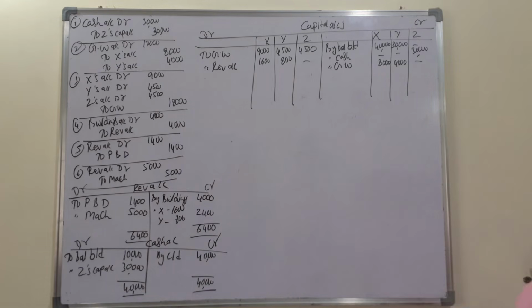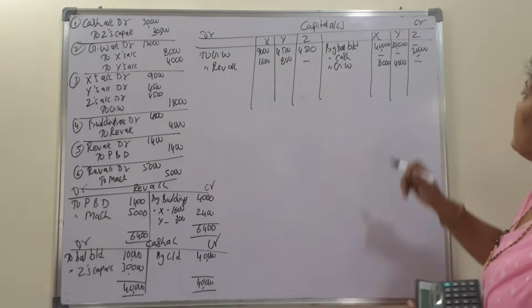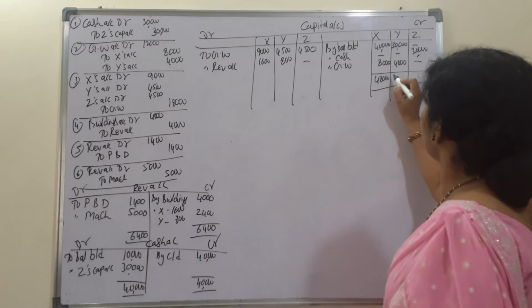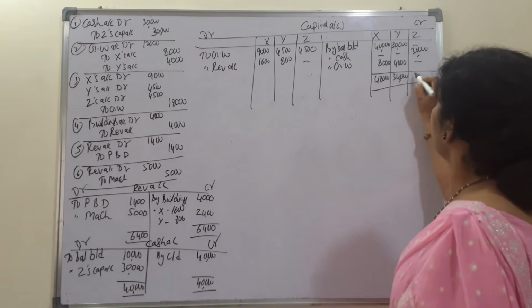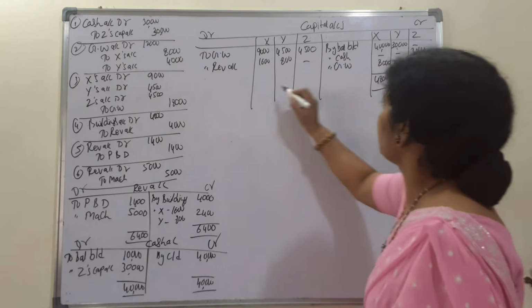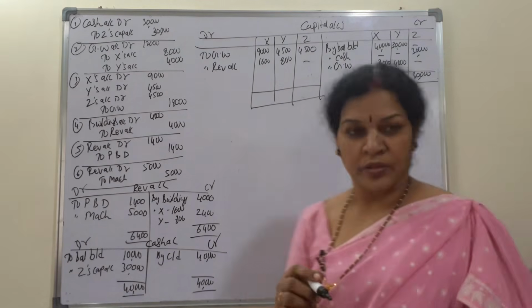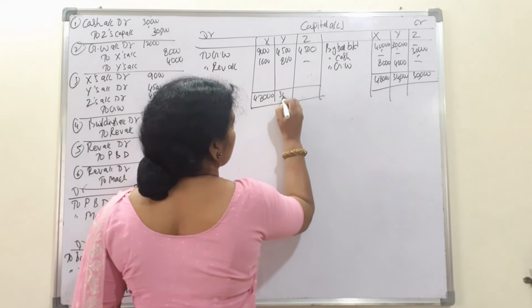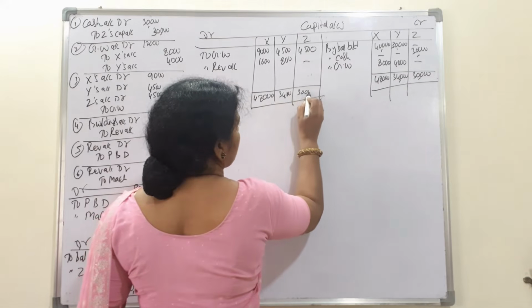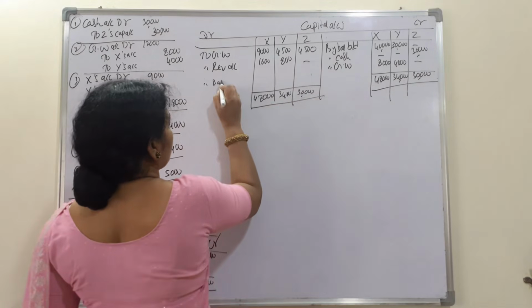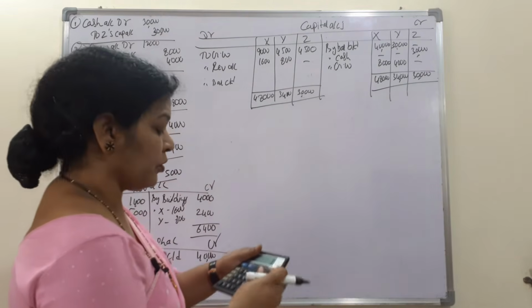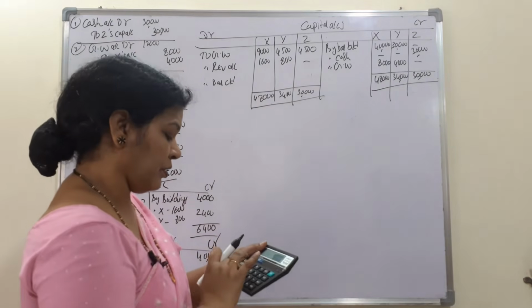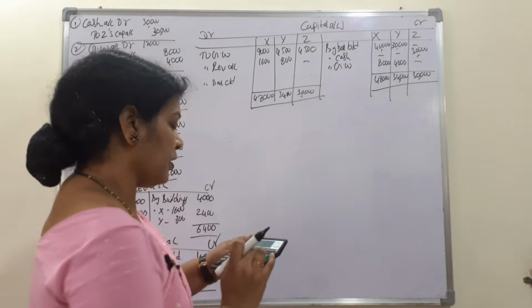That's all. So we can calculate it. This is 48,000, 34,000 and 30,000. So balance carried down: 48,000 minus 10,600 is 37,400.